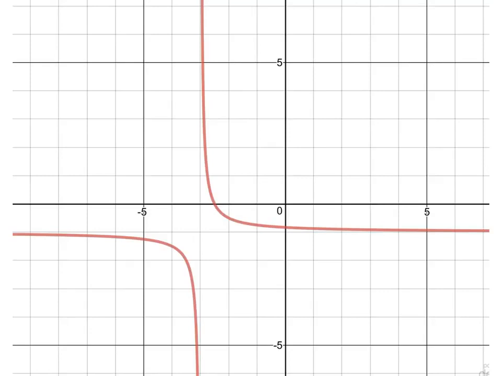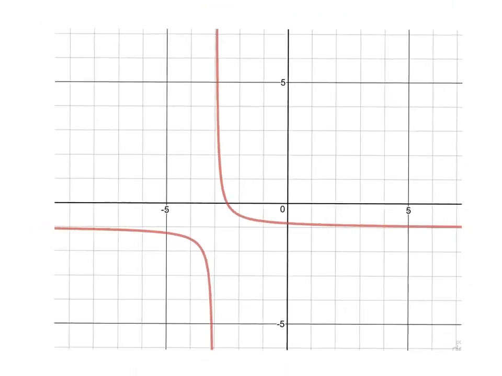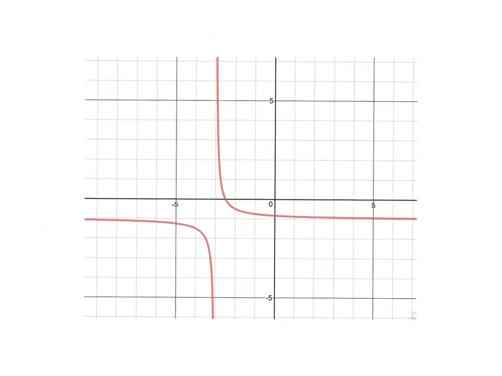This time, though, where are my asymptotes? Which kind of asymptote is it? There's an asymptote here at -3. That'd be our vertical asymptote. The equation would be x equals -3. And there's also one at -1.